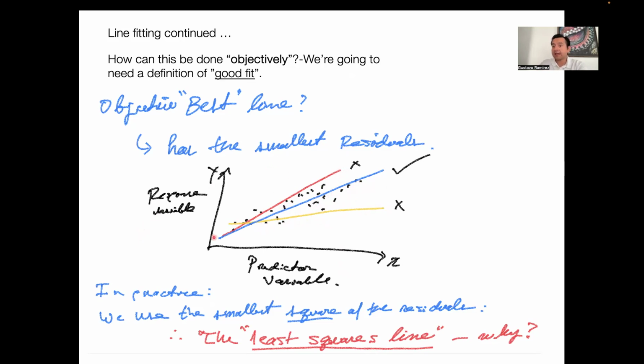Similarly, the red line would not be the best line to summarize the trend of these data. You would have an equal issue with the residuals just going the other way: a lot of model over predictions in the red line, a lot of model under predictions in the yellow line.